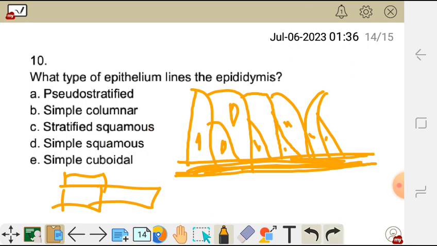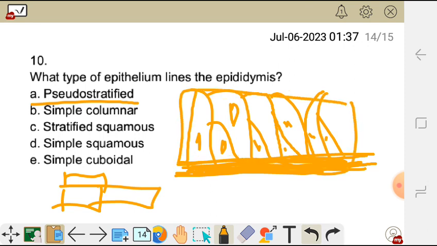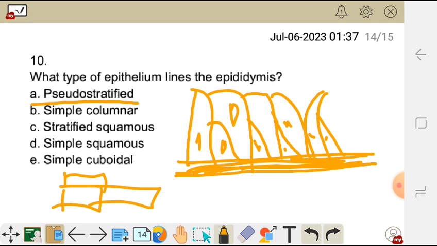But for pseudostratified, it appears like this, where all the cells are touching the basement membrane, but the layer appears to be more than one, but it is a single layer. So it is pseudostratified. So the correct answer is A for question 10.